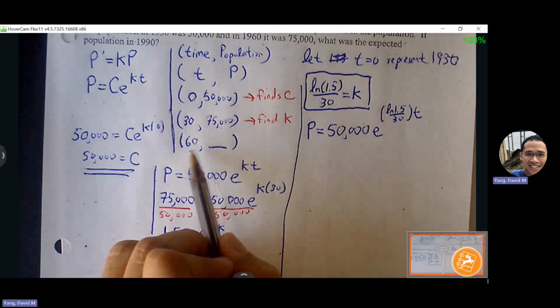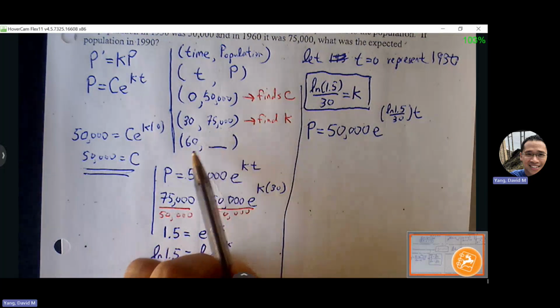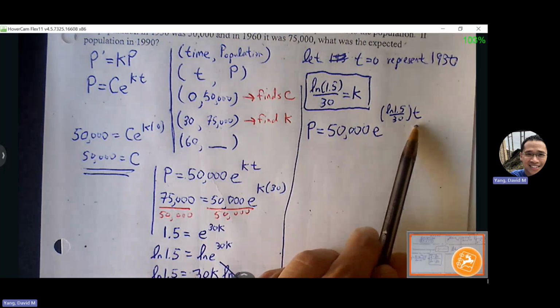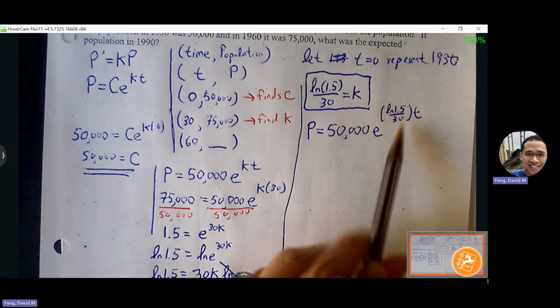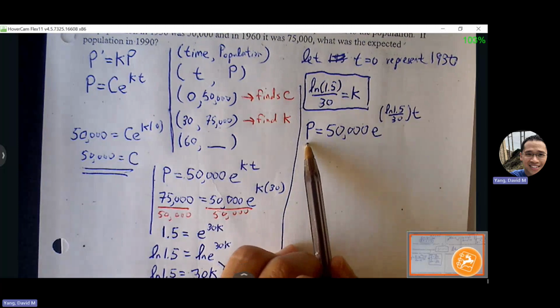All right, so now I can find my predicted population 60 years later, or in 1990. So I can plug 60 in for T, then make my calculator plug all this in, and then I can do 3 decimal places.